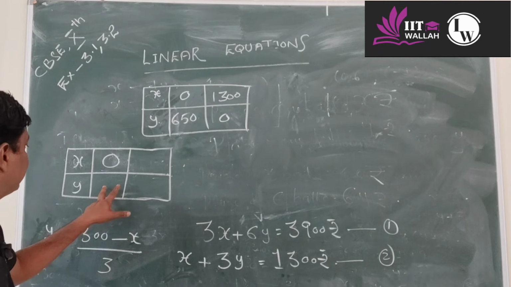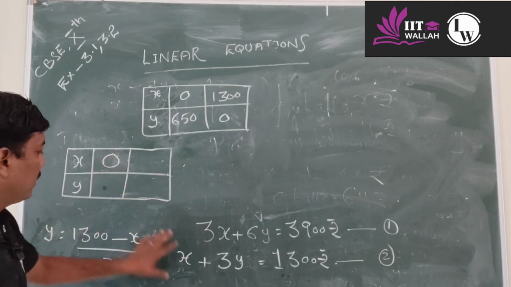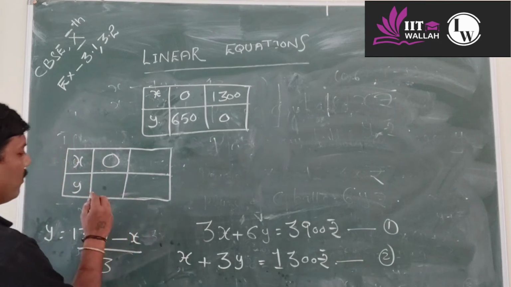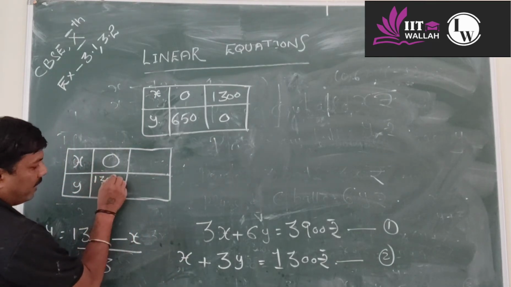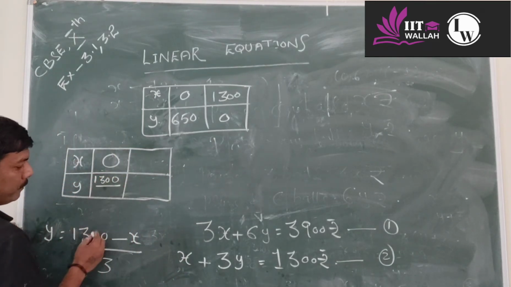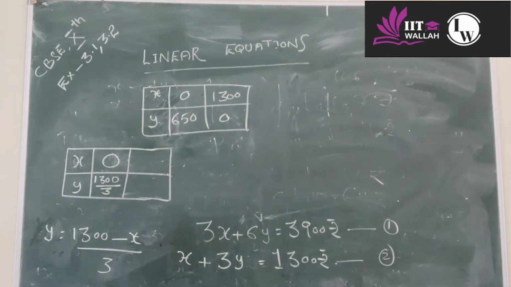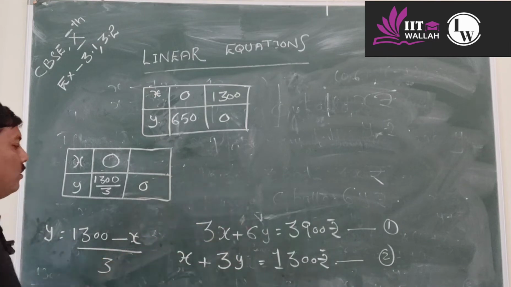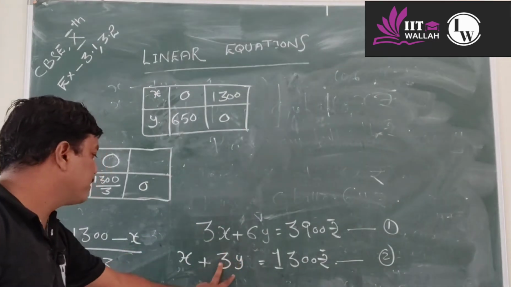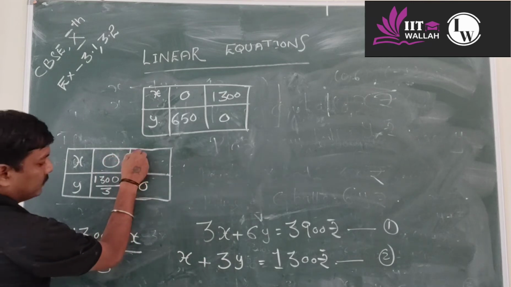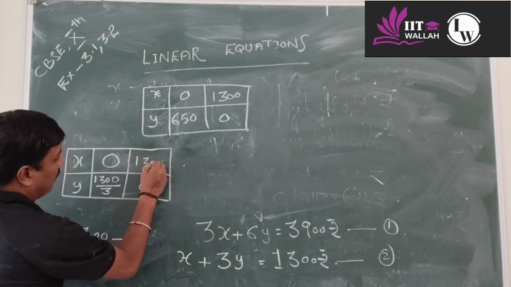If you substitute x is equal to 0, 3y is 1300, so y will be 1300 by 3. Now you take y is equal to 0. So this will vanish, and x you are directly getting as 1300.